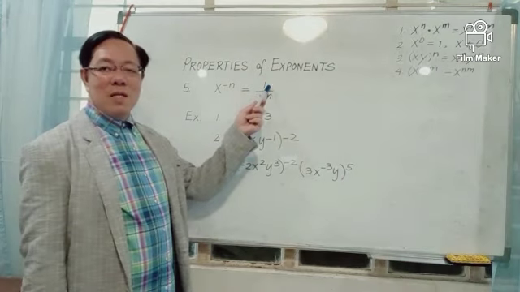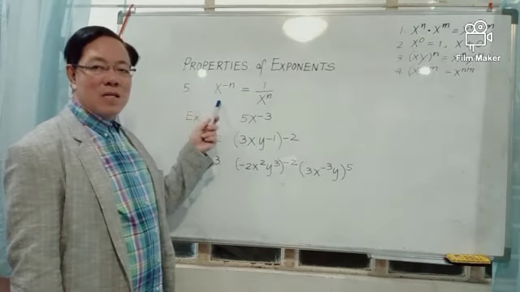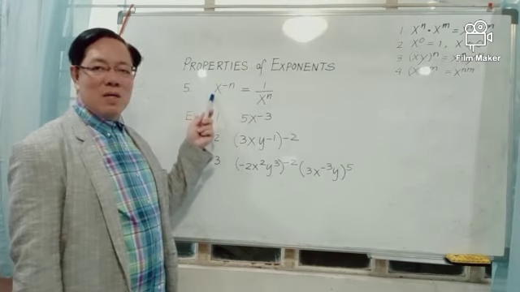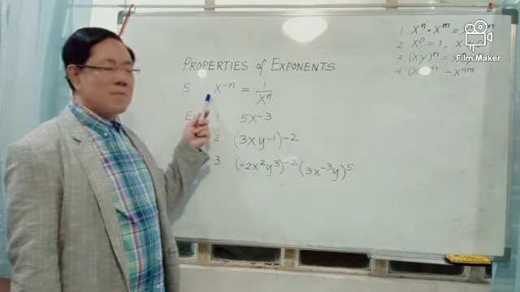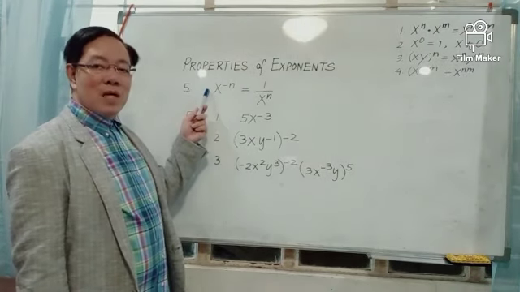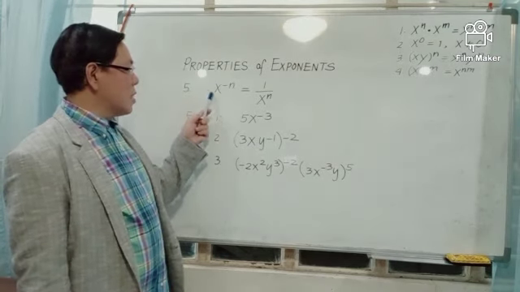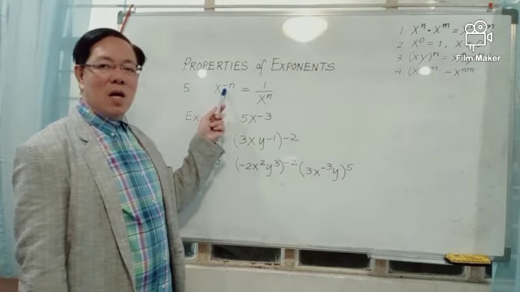And we have 1 in the numerator because the numerical coefficient of x to the negative n is understood to be positive 1. So if you want to remove a negative exponent, if you have a negative exponent in the numerator, you bring it down to the denominator and you take the opposite sign of the exponent.